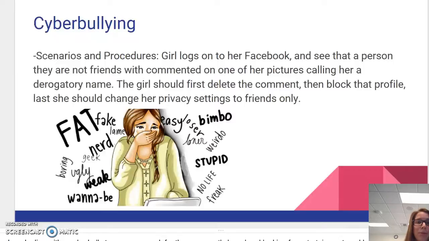Now, when it comes to cyberbullying scenarios and procedures, a scenario is a girl logs onto her Facebook and sees that a person who's not her friend has commented on one of her pictures, calling her derogatory names. The girl should first delete the comment and then block that profile, and then she should change her privacy settings to friends only to avoid that.